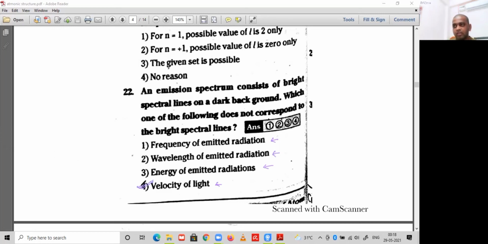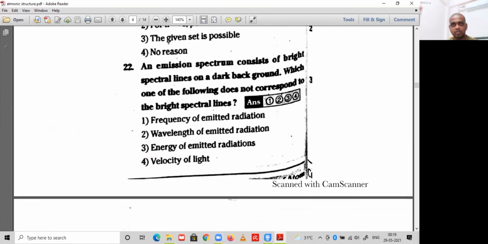Because we do not learn the concept of the velocity of light in the emission spectra and absorption spectra. The spectrum tells about wavelength, frequency and energy, but not velocity. So option 4 is the correct option for question number 22.